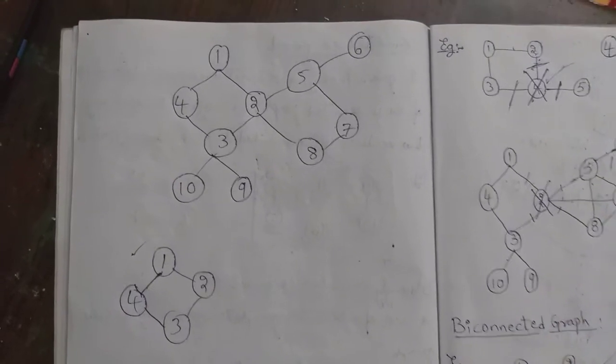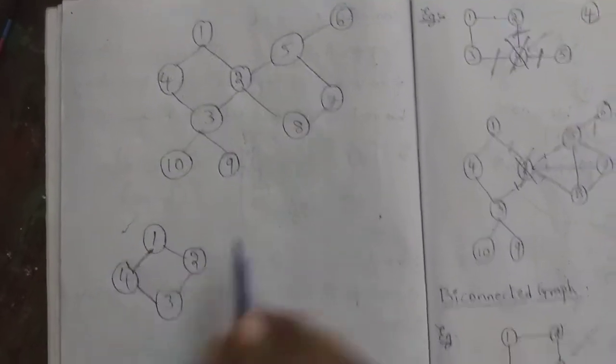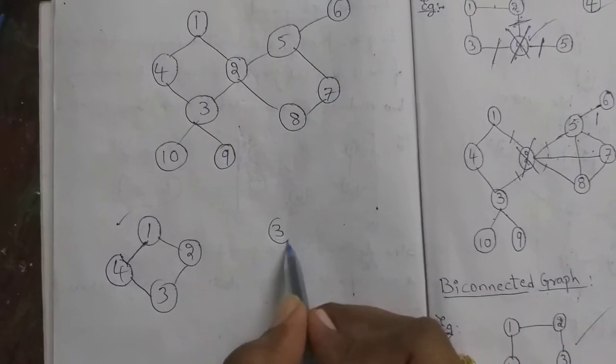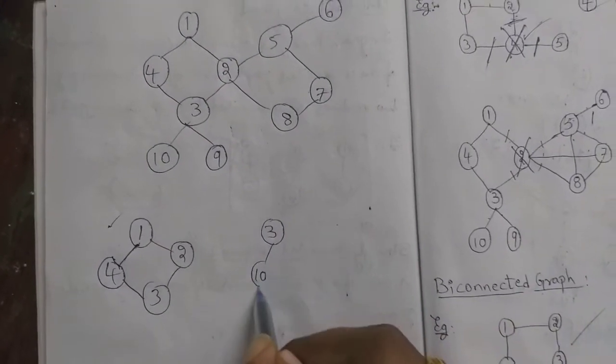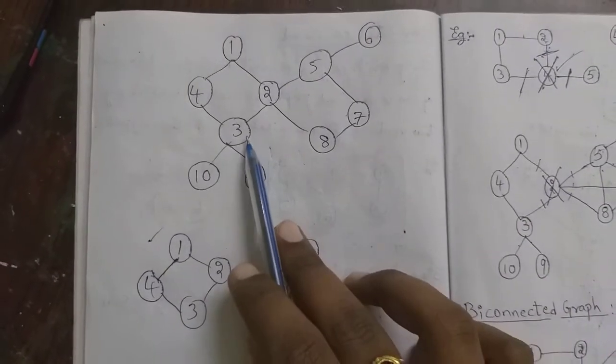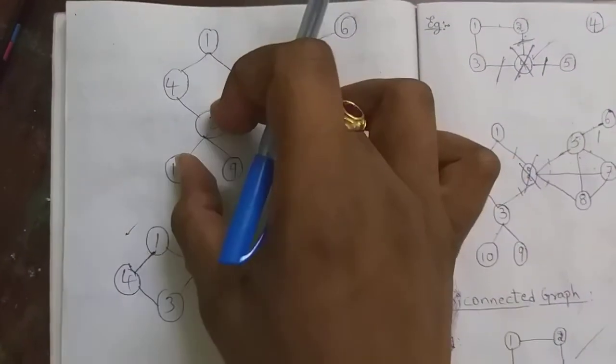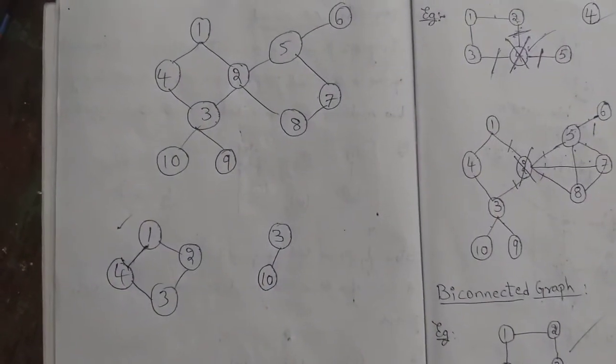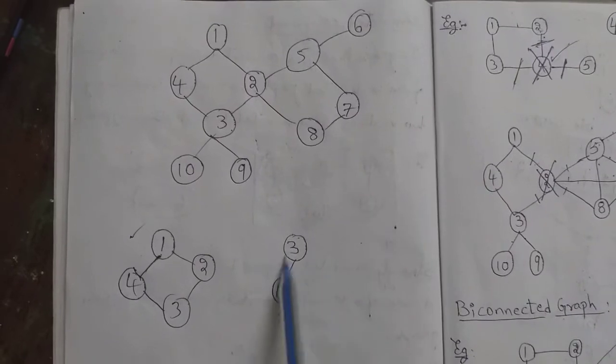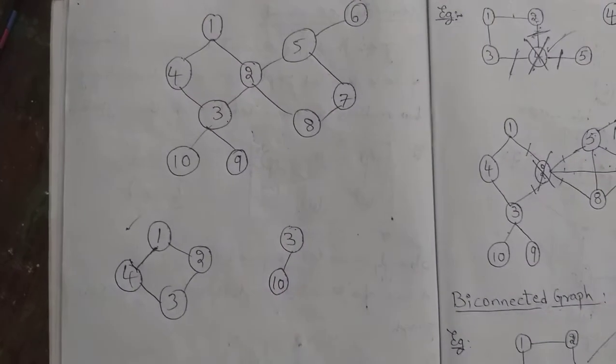What is another biconnected component? Easily we can say 3, 10. If you consider 3, 10, it is a subgraph of this graph, it is also a biconnected subgraph, and it is maximal.